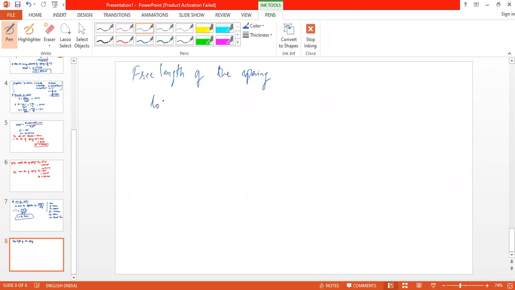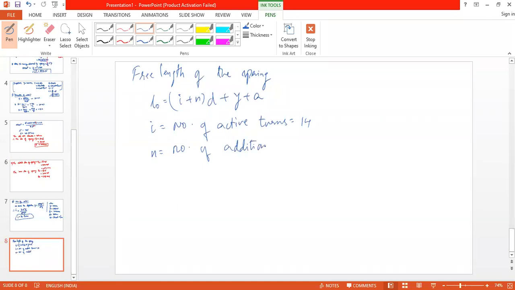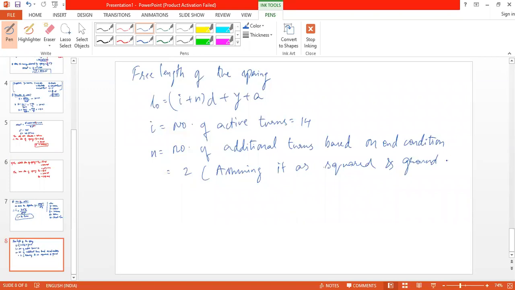That free length is L naught is equal to I plus n times d plus y plus a, where I is the number of active turns, that is equal to 14. n is the number of additional turns based on end condition, that we will take as 2, assuming squared and ground ends. And what is the deflection y?